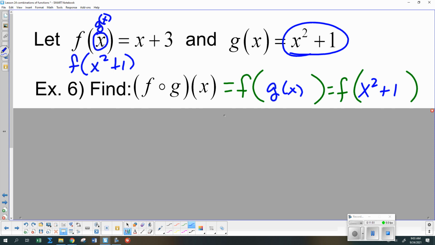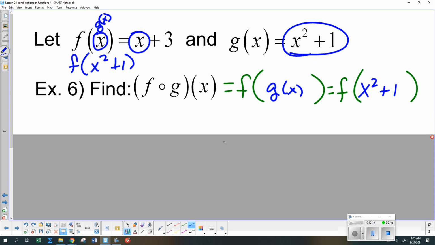Now, if this was f of 5, you know that means change every single x in the formula to a 5. 5 plus 3. If it's a 7, it means change every single x to a 7. When we do f of x squared plus 1, that means change every single x that we had to an x squared plus 1. So I have to change this x to an x squared plus 1.